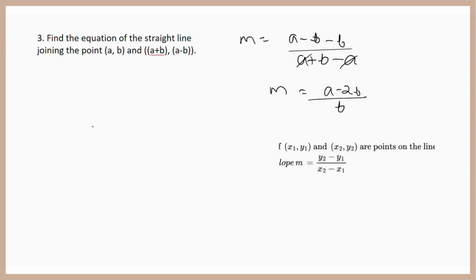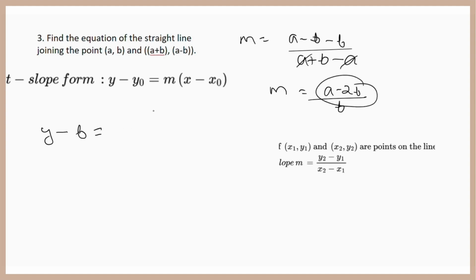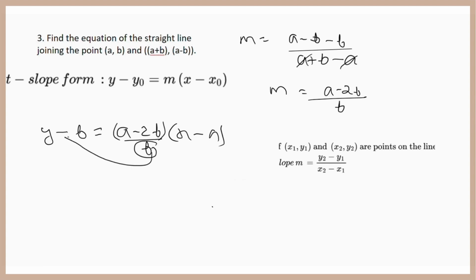And then we are going to apply the point slope form. So y minus y naught is equal to m. Well, m is a minus 2b over b, multiplied by x minus x1, and x1 is a. But then we need to simplify it. Now to simplify it further, we are going to multiply by b.